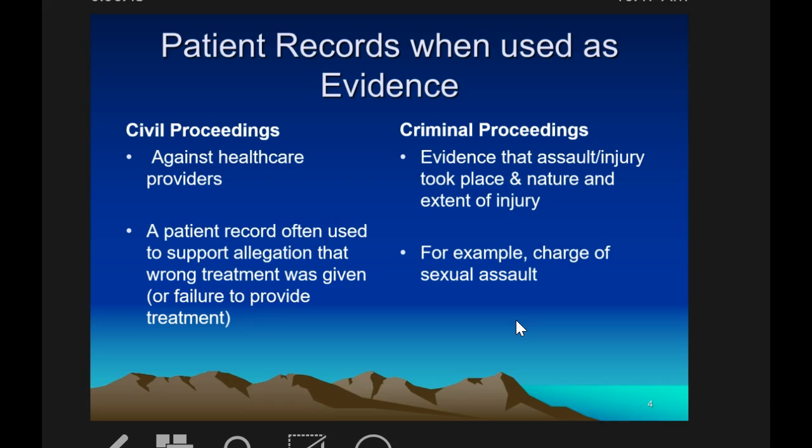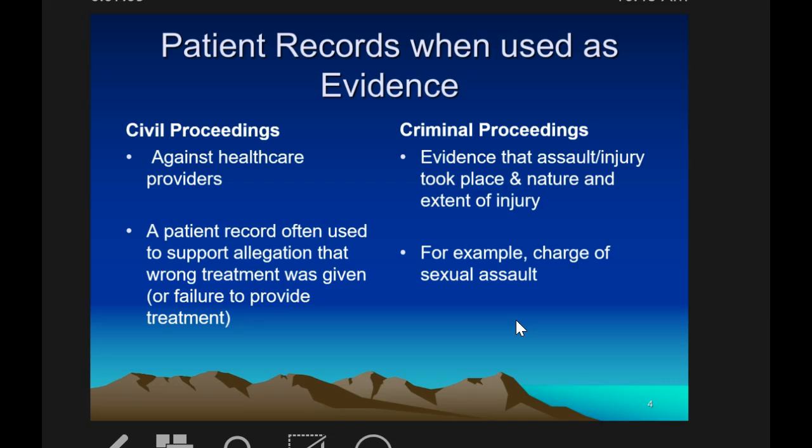Patients' records can also be used as supporting evidence of other matters that might be in dispute in the civil jurisdiction. For example, that a particular injury occurred as a result of an accident, and the circumstance in which it was alleged by the patient to have occurred. So that's one way in the civil jurisdiction.